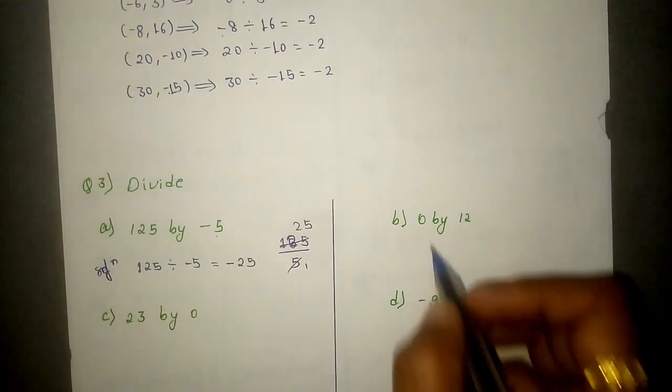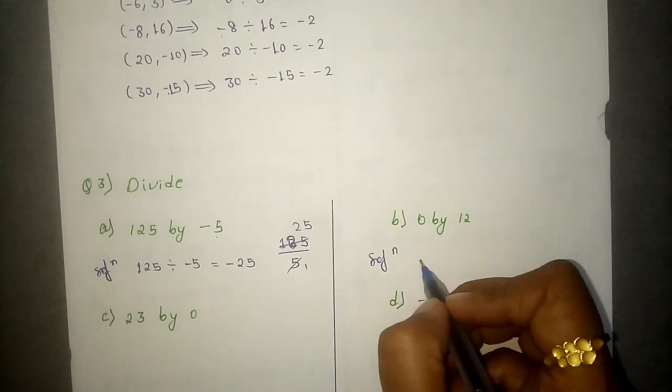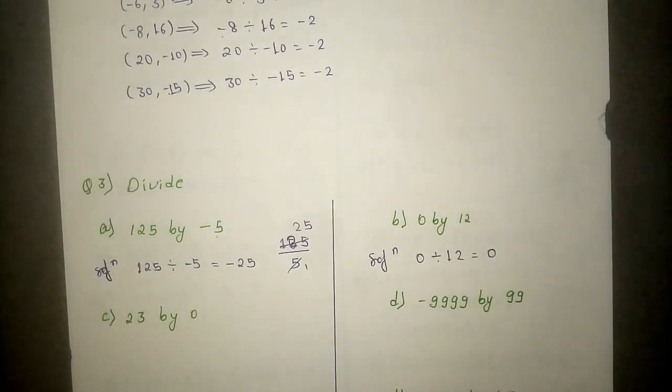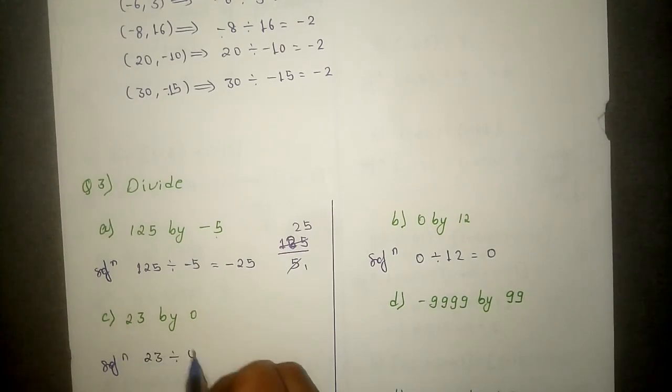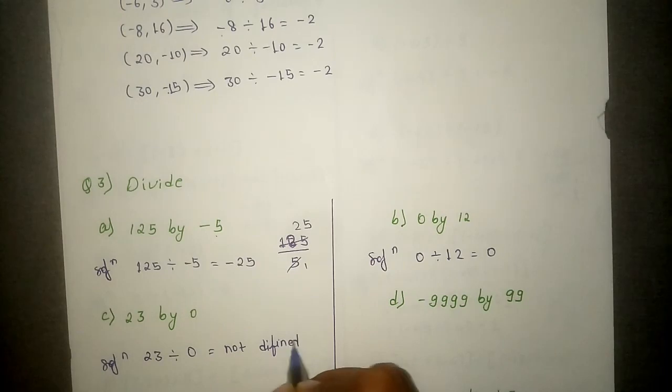Then the next is 0 divided by 5. Just now I told you that 0 divided by any number will be equal to 0. Then in the next question, 23 divided by 0. 23 divided by 0 is not defined. We cannot define it if any number is divided by 0.